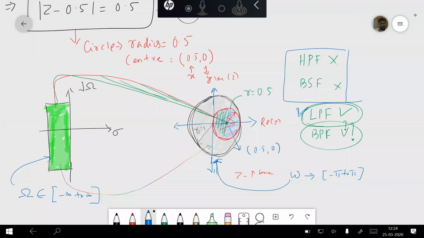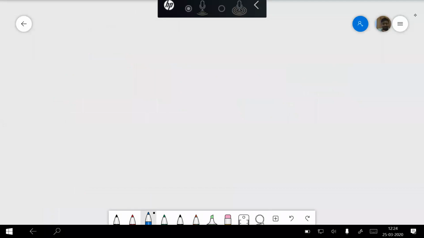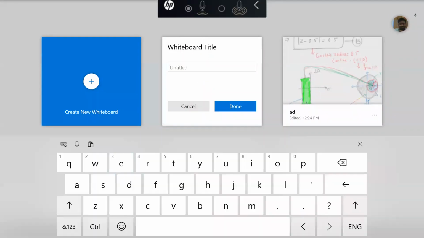Next we shall move to another method. Let me create another whiteboard. So this is impulse invariance.